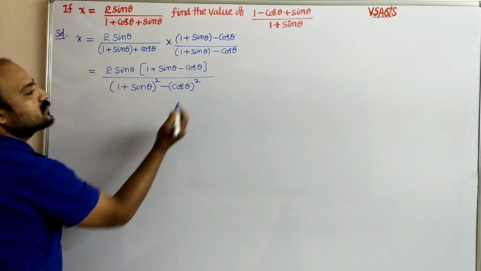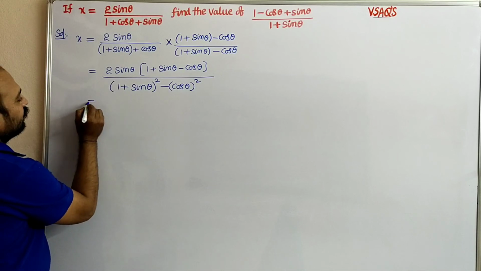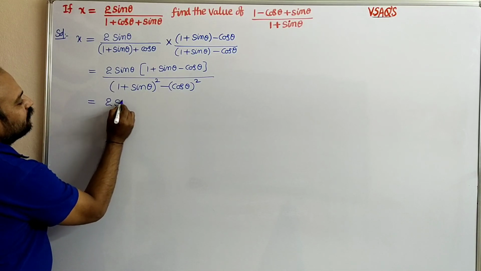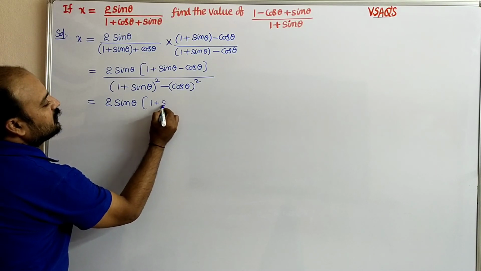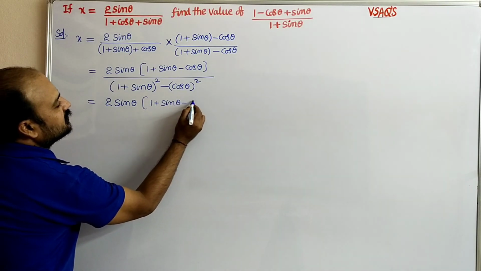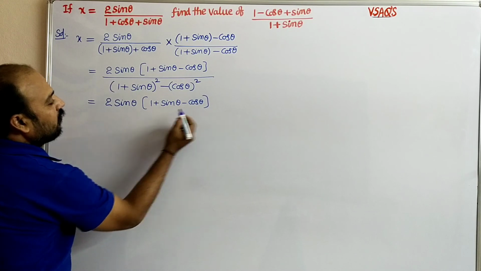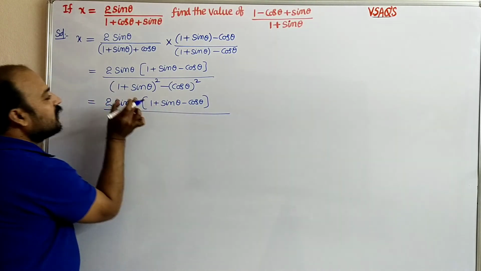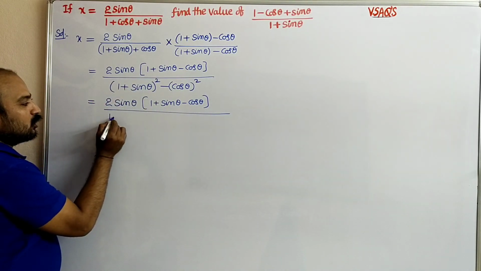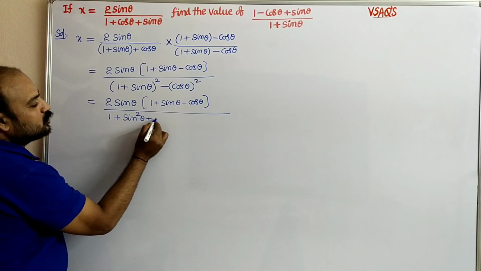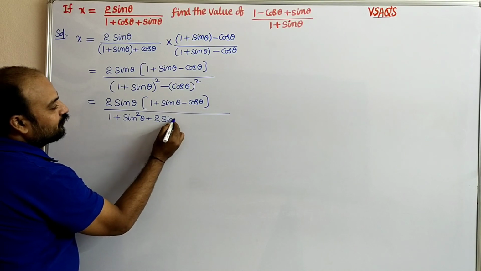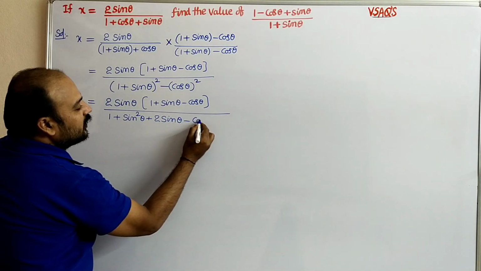Directly you can write like this. So now 2 sin theta into 1 plus sin theta minus cos theta divided by A plus B whole square expansion, you have to do that: 1 plus sin square theta plus 2 sin theta minus cos square theta.